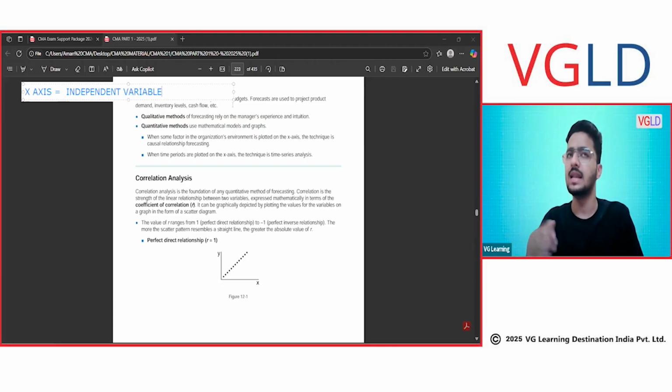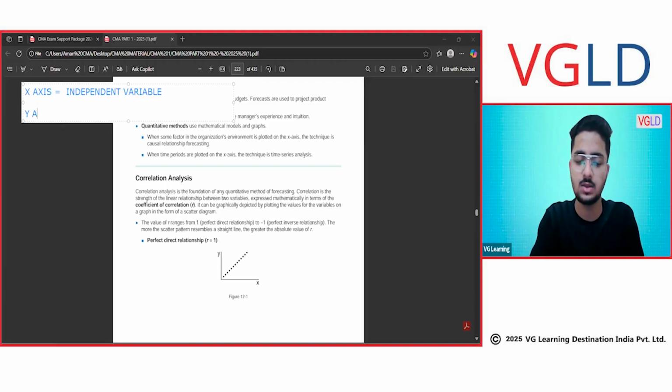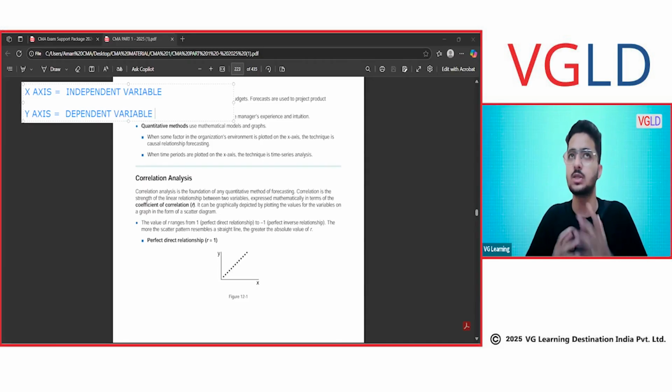Let's say my marketing cost, it's independent. But my sales is dependent on marketing. So the y-axis will include my dependent variable. So these are the two factors that we must know: x-axis for the independent variable, y-axis for the dependent variable.